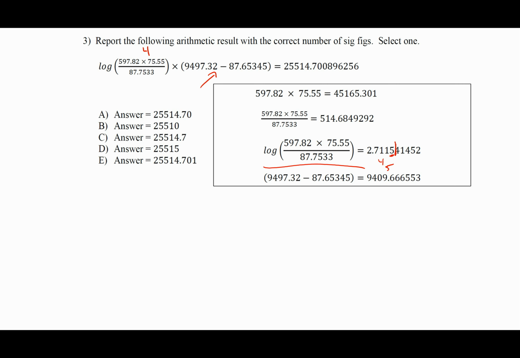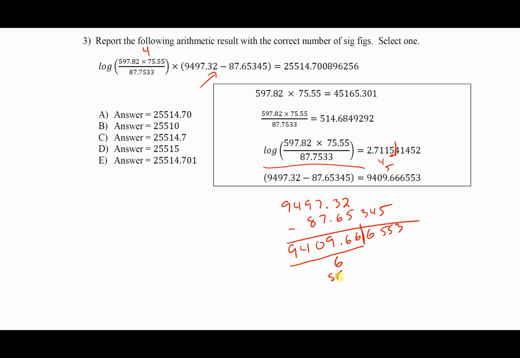Here we have some subtraction. We have 9497.32 minus 87.65345, yielding 9049.666553, meaning we are to this decimal place here. 1, 2, 3, 4, 5, 6 sig figs, right? 6 sig figs times something that has 5, right?